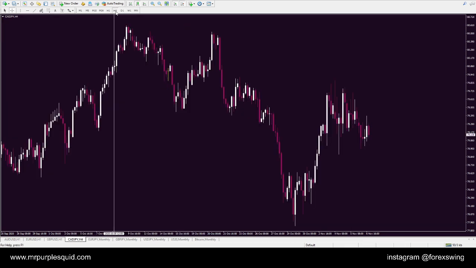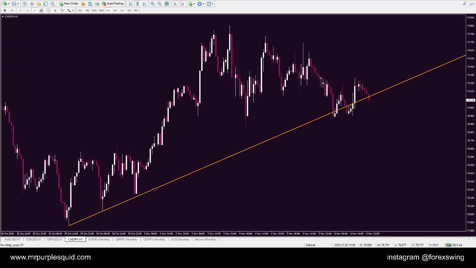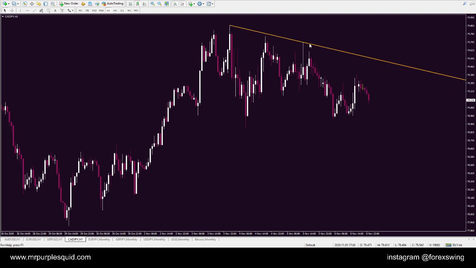H4. Yeah, looking a little bit better now. H1. So we could draw this one. Not interested in this one. And then what about price in a triangle? Yes, yes, sir.